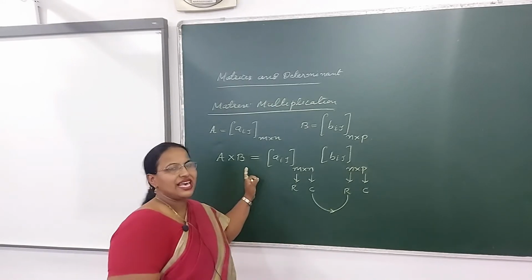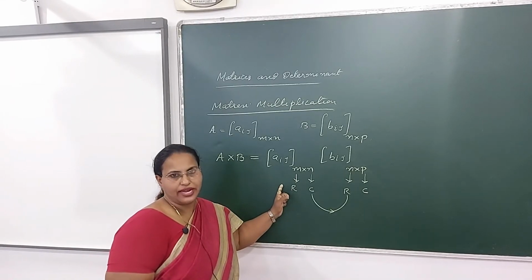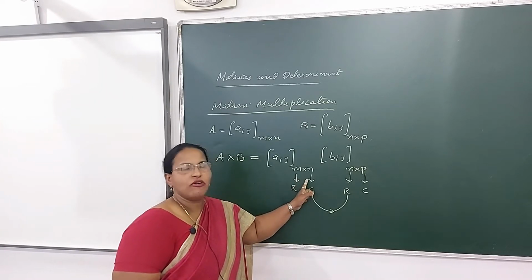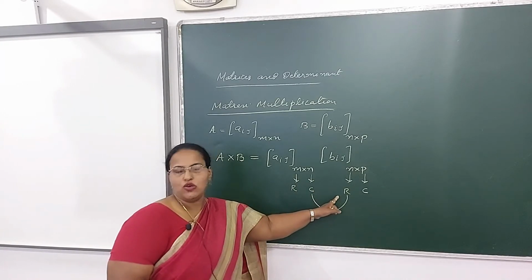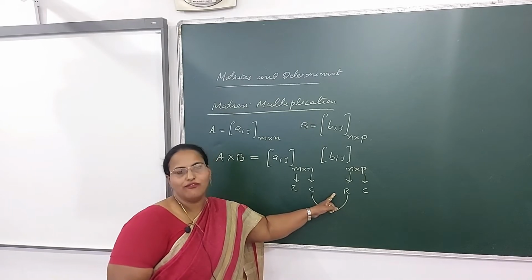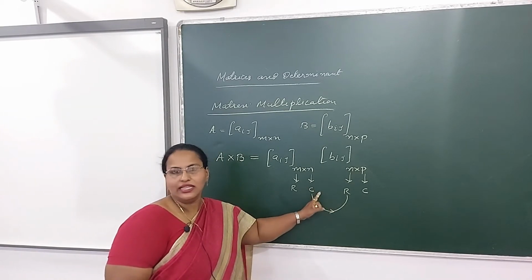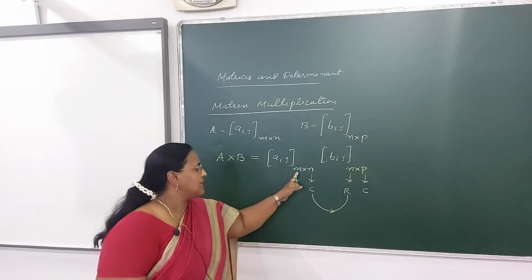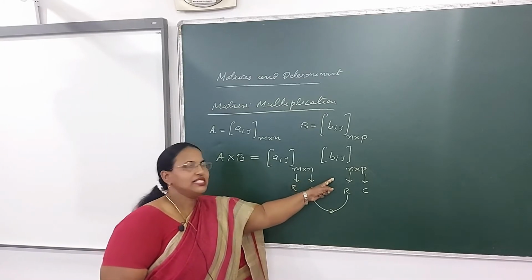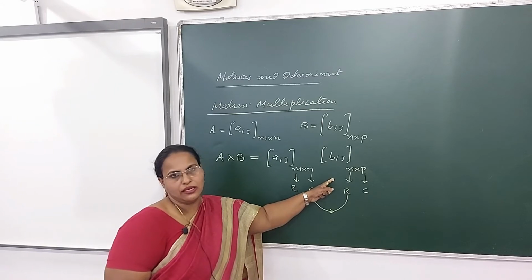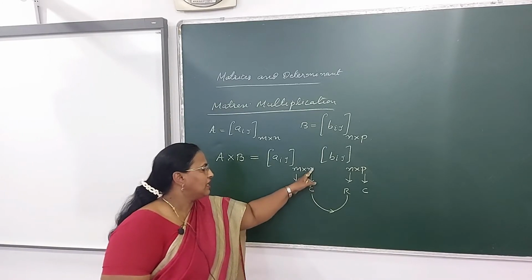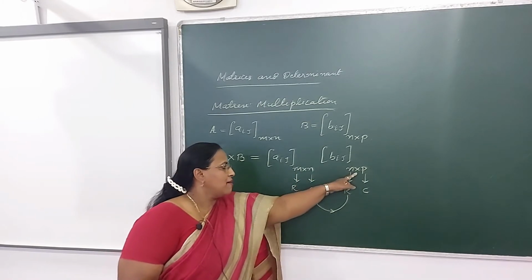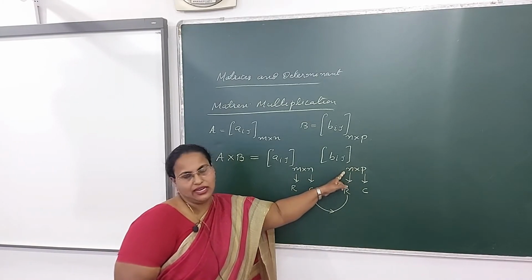Again, let me repeat it. Two matrices can be multiplied only if the number of columns of first is equal to the number of rows of second. Like here in this case, the order of the first matrix is m by n. The order of the second matrix is n by p. So what we are finding here? The number of columns here is n. The number of rows here is n.